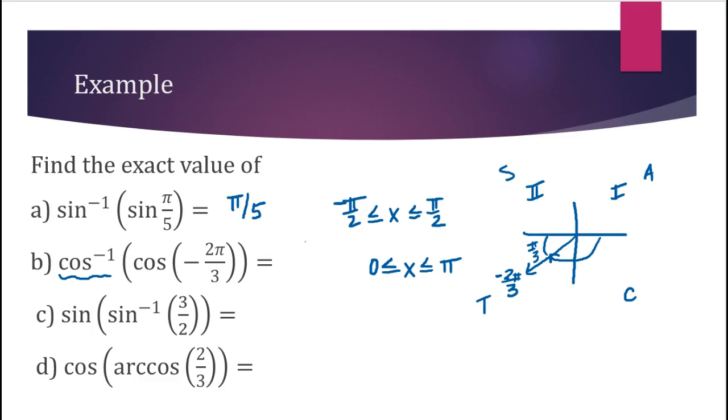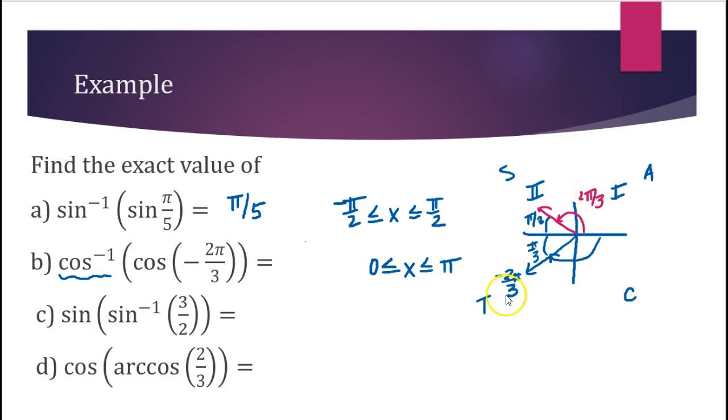So I'm going to put my reference angle of pi over 3 in quadrant 2, because my answer has to come from quadrant 1 and 2 only. Then I sketch my angle in standard position that gets me to that reference angle. Well, that would be positive 2 pi over 3.